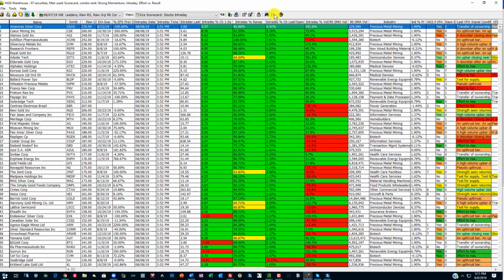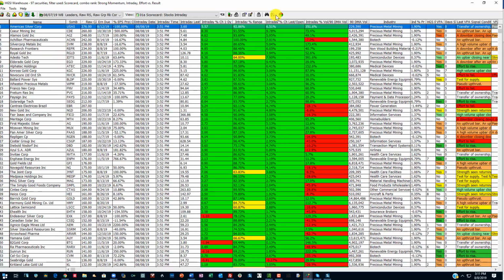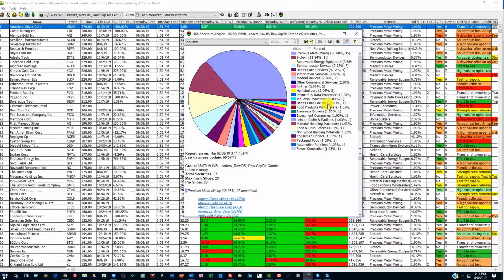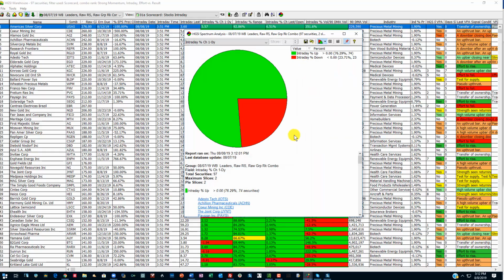Well, there are some winners, some losers. Precious metal and mining, this is a dominant group. Biotech, renewable energy equipment. You can see how it breaks out here. And then I like to look, this is the intraday price change up and down.